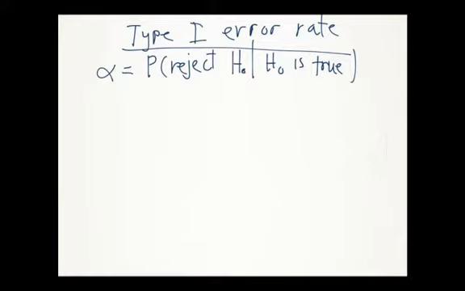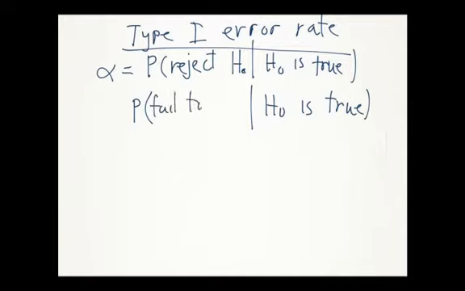I can flip this around and say, if I keep the conditioning part the same, namely that the null is true, and I just change my decision to fail to reject the null, remember, these two things have to add up to 1. So this is just going to be equal to 1 minus alpha. Hopefully you see how that works.